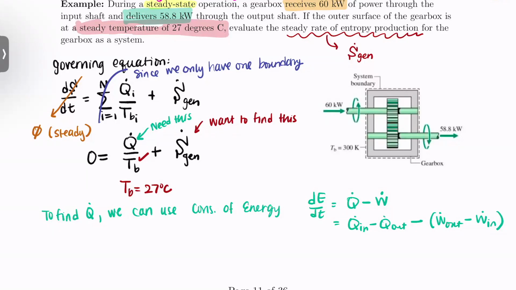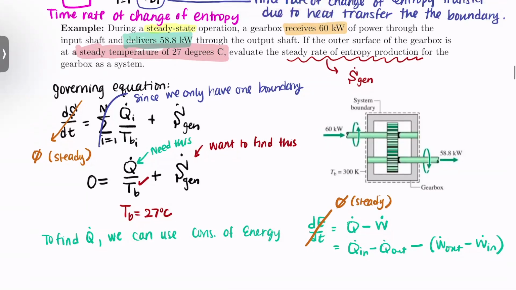We still have a steady problem, so this is 0. And we also know about W dot.